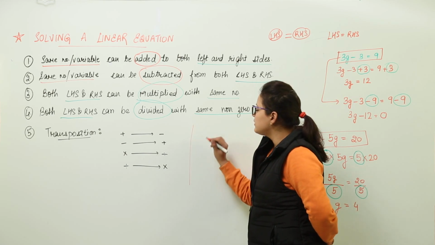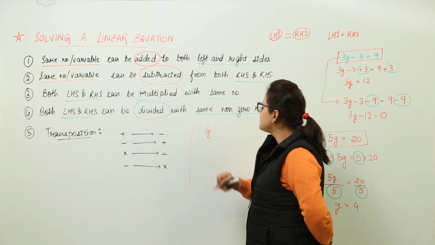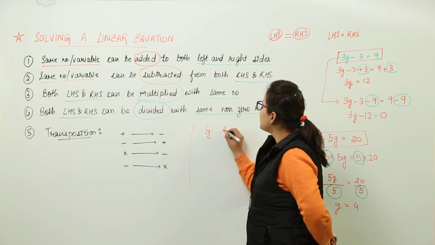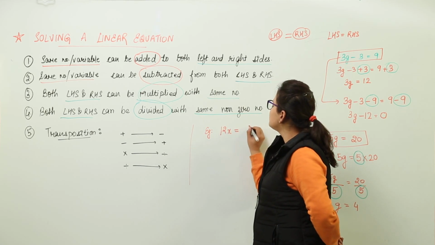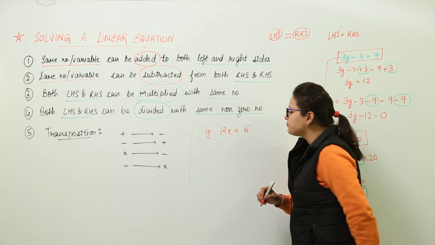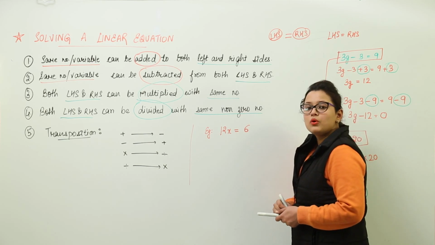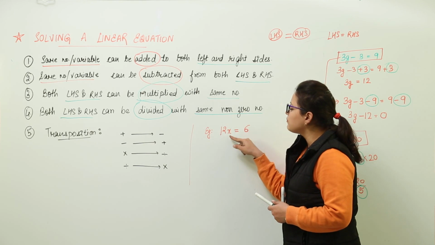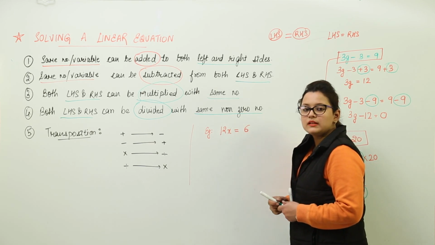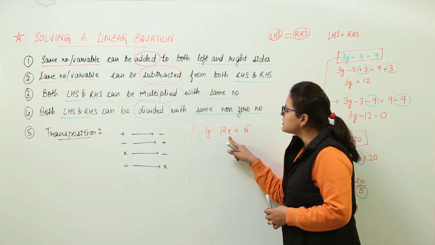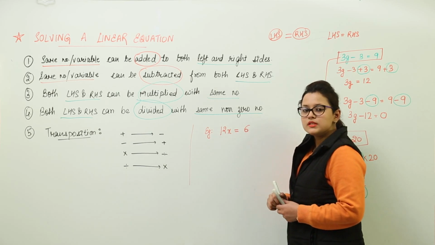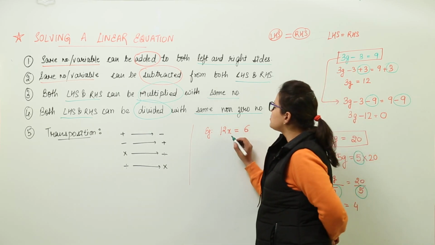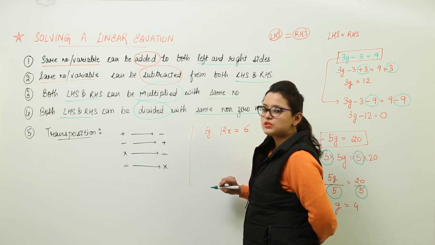I'll show you one very small example for this. Let us take the example 12x is equal to 6. Now, for this example, what do I do for solving the equation? I have to solve this equation. That means I have to find the value of the variable such that it will satisfy this equation. That will be the solution. For finding the solution, I can use the transposition method.